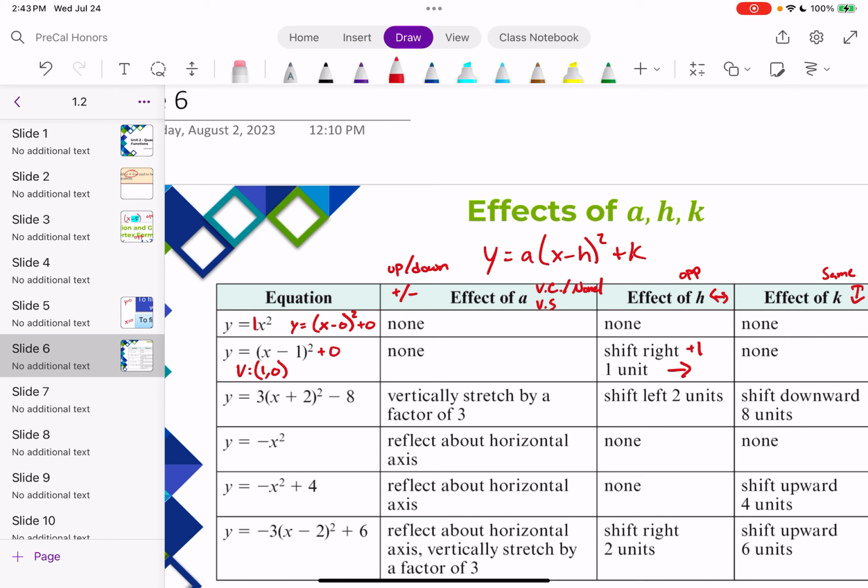We move to h. We do the opposite of a +2, which is a -2, which means we're going to move left 2 units. Now, why is it that I'm saying -2, but we're saying shift left 2 units?